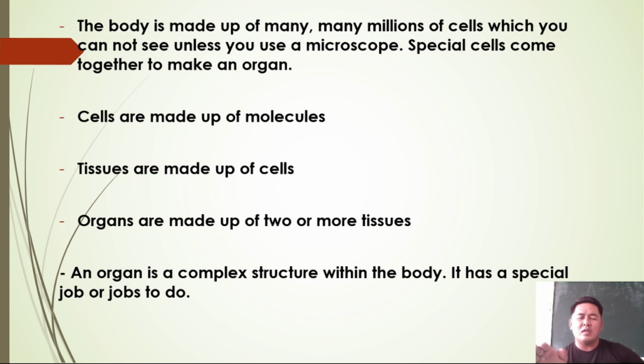So if we're going to say right there on top, special cells come together to make an organ. So from molecules, you can make cells. From cells, you can make tissues. From tissues, you can make up organs.